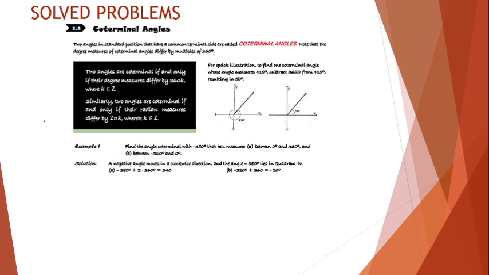Proceed tayo dito. Find the angle coterminal with negative 380 degrees that has measure: letter A, between 0 and 360, and letter B, between negative 360 and 0. In your solution, a negative angle moves in a clockwise direction.